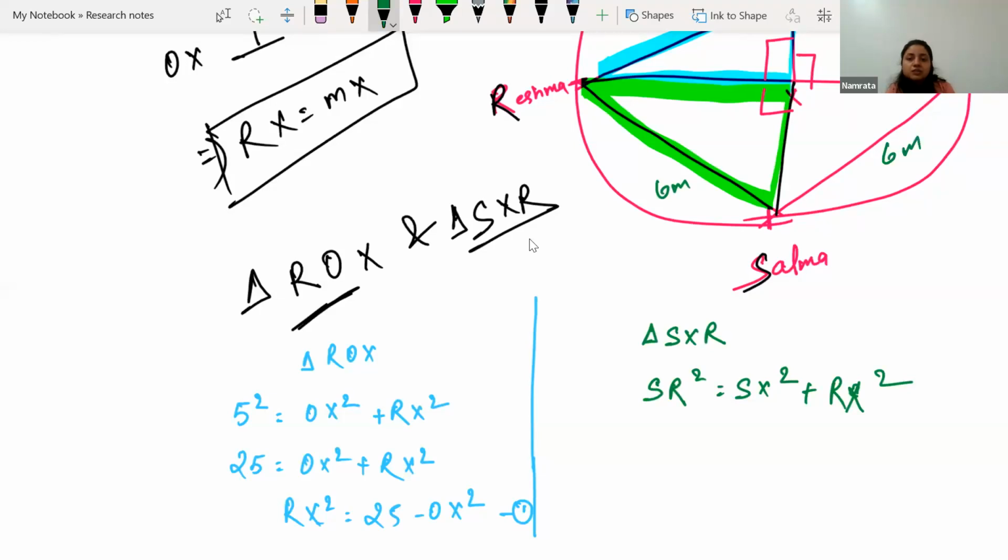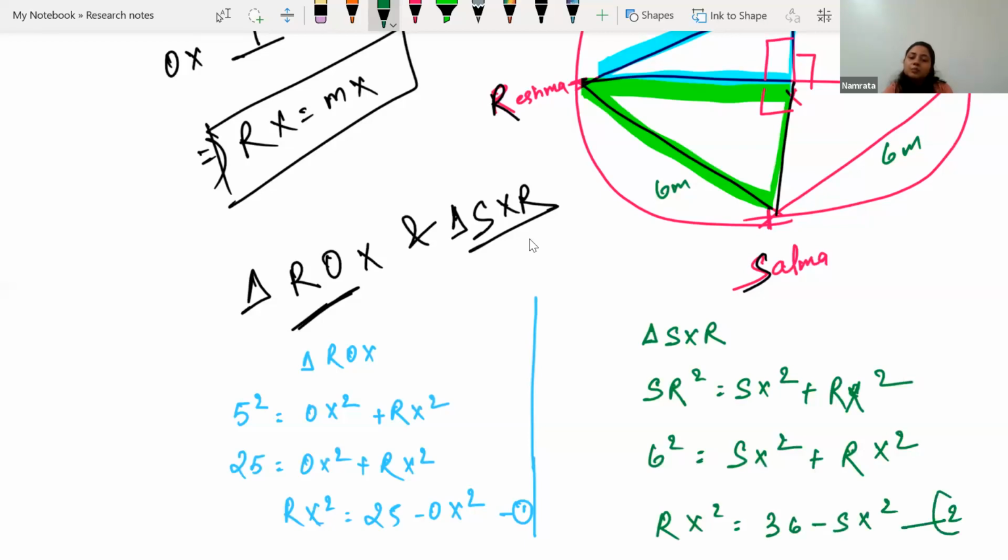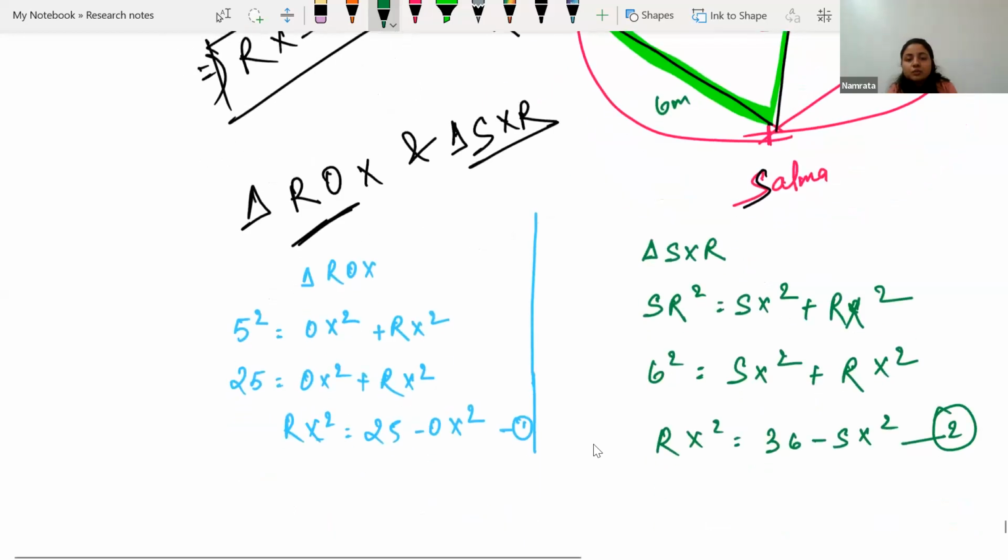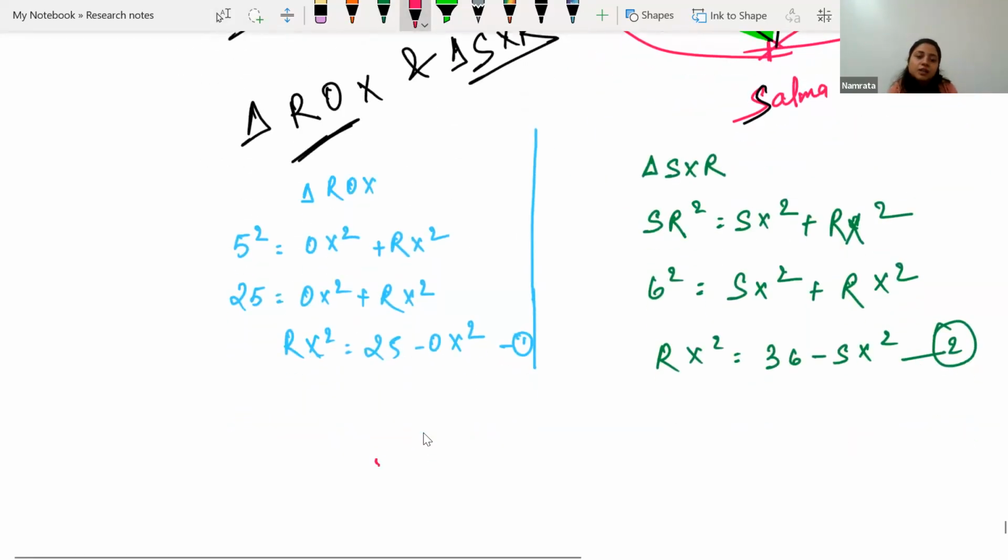So 6 square is equal to SX square plus RX square. Again RX square is equal to 6 square, that means 36 minus SX square. We can compare both equation 1 and 2, because in both equations we have RX. So we will say 25 minus OX square is equal to 36 minus SX square.